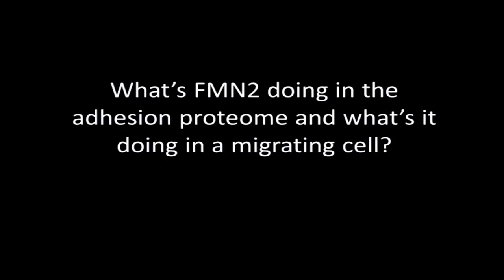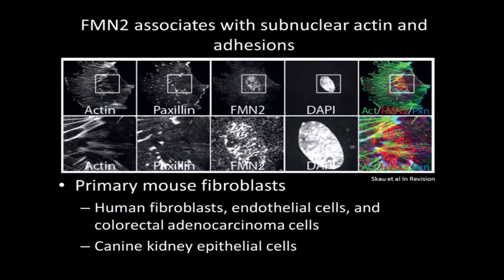But we found it in a focal adhesion proteome that was made from human fibroblasts. So what is it doing in the adhesion proteome, and is it doing anything in cell migration? Colleen started working on it. We looked at the localization of this formin, and right off the bat, that was weird.